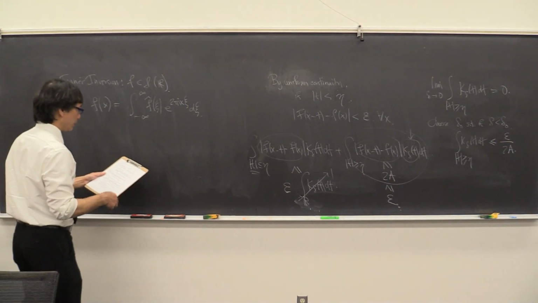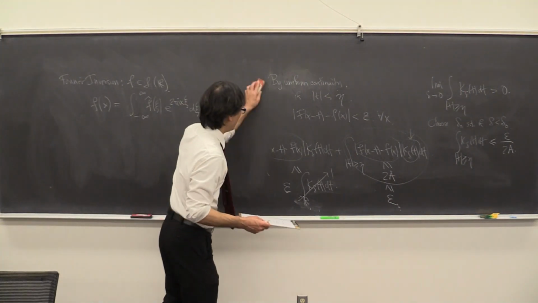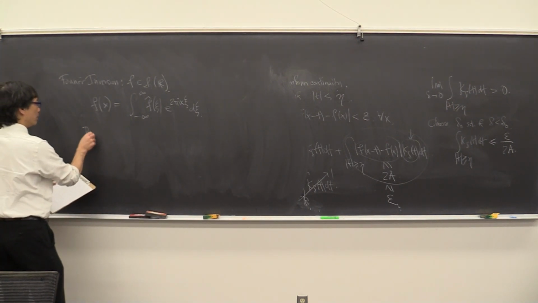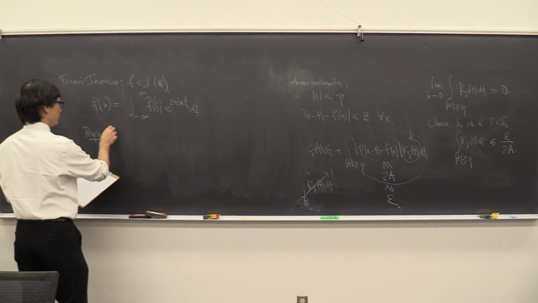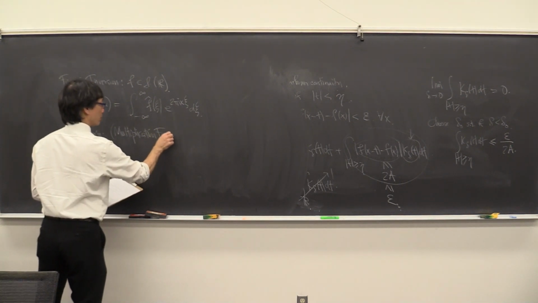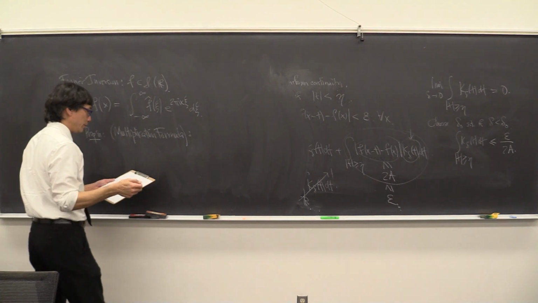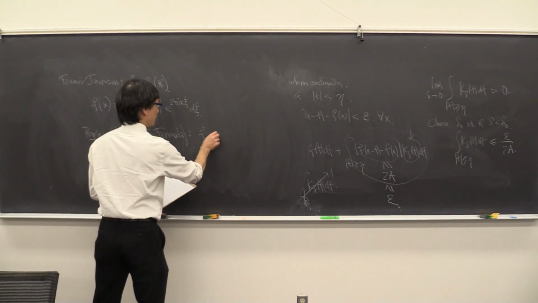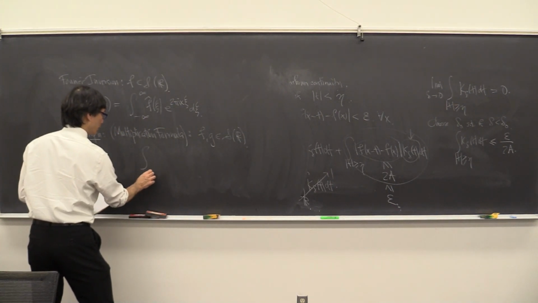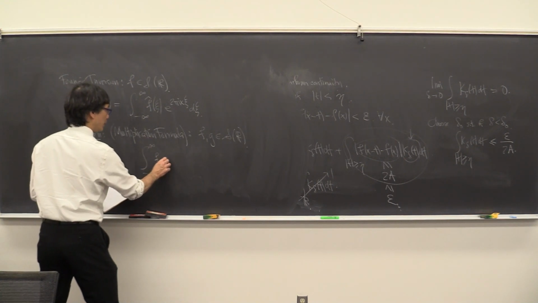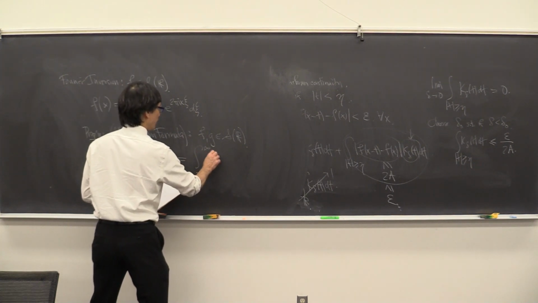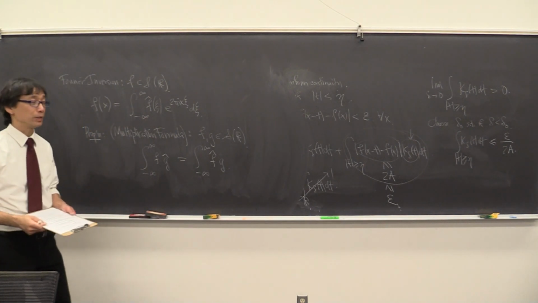And so what will be useful in getting that will be the multiplication formula. The multiplication formula says that if you have two functions, then the integral of one function against the Fourier transform of the other is the same thing as integrating the Fourier transform of the first function against the other function.